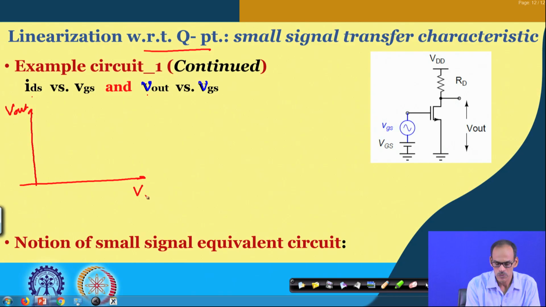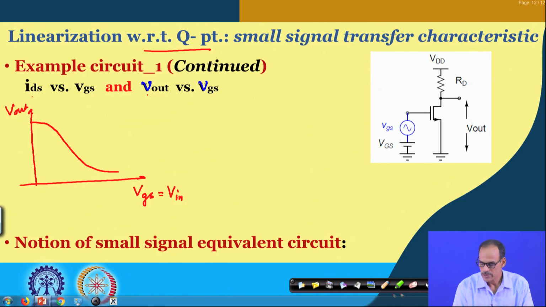with respect to v g s, which is incidentally v in, and as we said, it has fairly nonlinear behavior, and out of that we are extracting the small signal part.